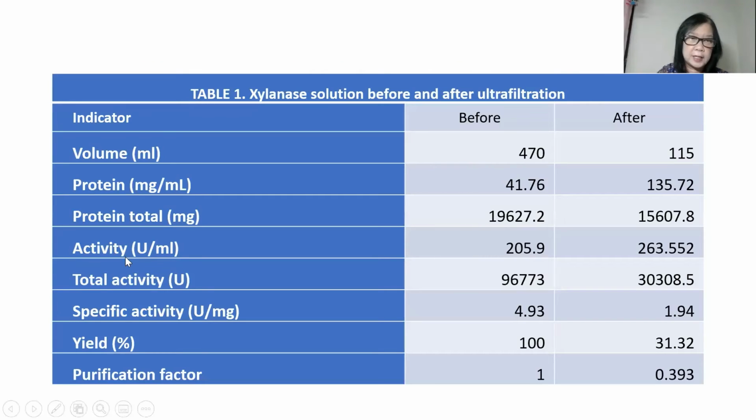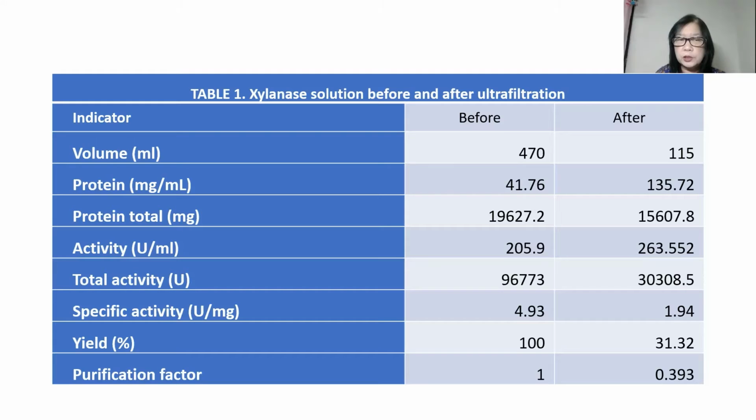This table shows the Xylanase solution before and after ultrafiltration. The volume is first almost 500 milliliters, and after ultrafiltration it of course reduced, because we remove all the contaminants and impure substances.